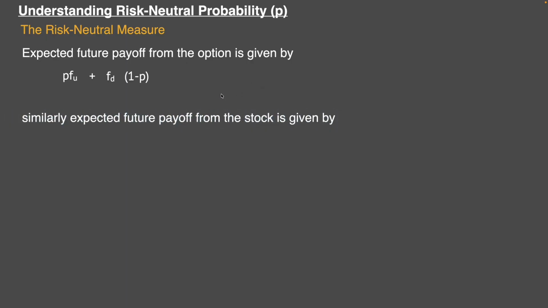Similarly, we can calculate the expected payoff from the stock. Expected payoff from the stock is calculated using the formula E of ST is equal to probability of the stock moving up, that is small p, into S0, the stock price at the start of the contract, into U. U is greater than 1, the percentage by which S0 moves up, plus S0 into D. We know D is less than 1, the percentage by which the stock price moves down, multiplied by the probability of the down move.